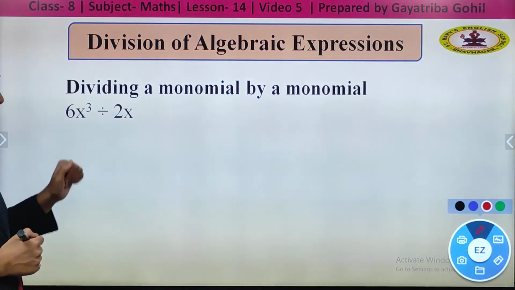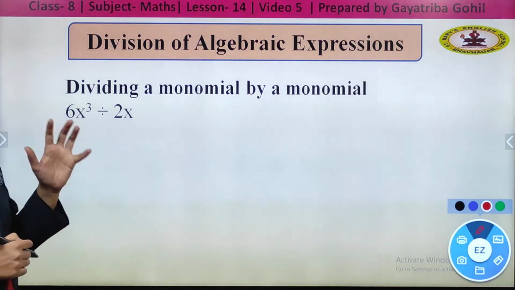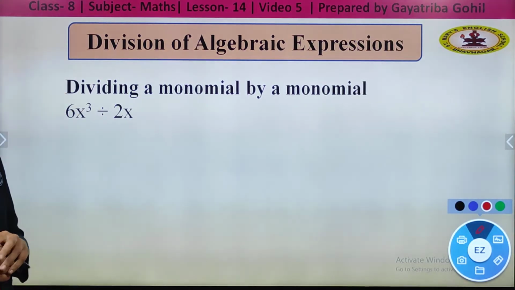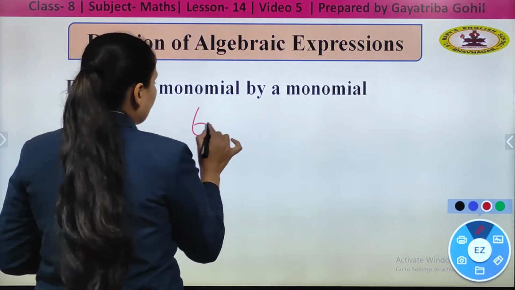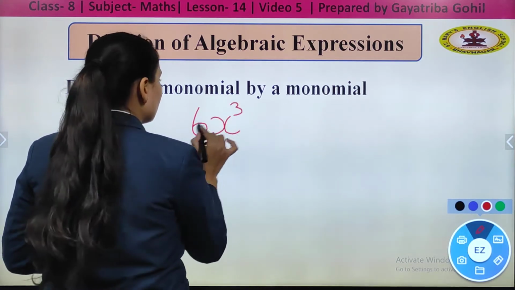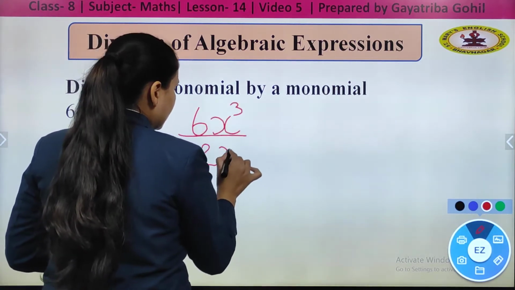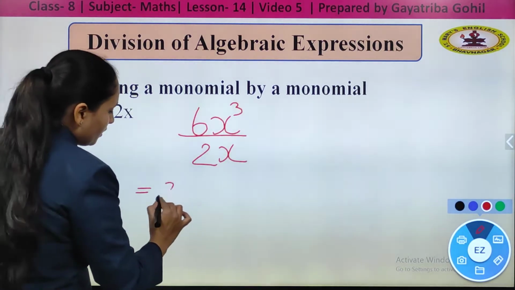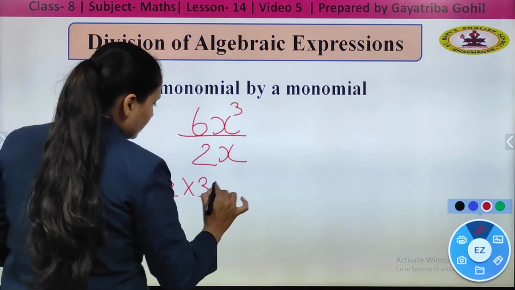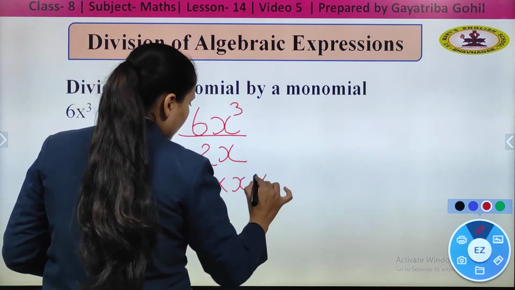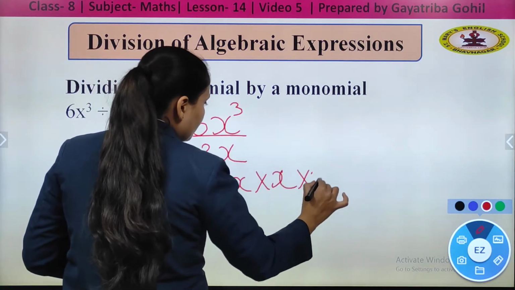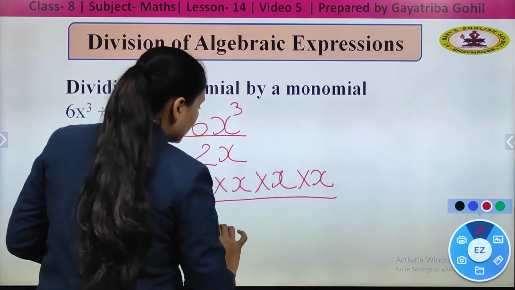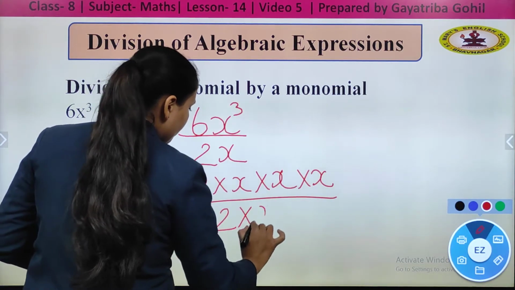For example, I want to divide 6x cube by 2x. So I can write it like this: 6x cube by 2x. Now what are the factors of 6x cube? 2 into 3 into x into x into x divided by 2 into x.